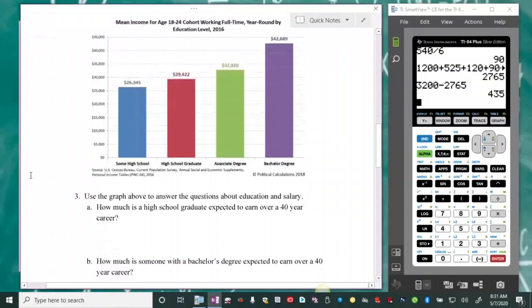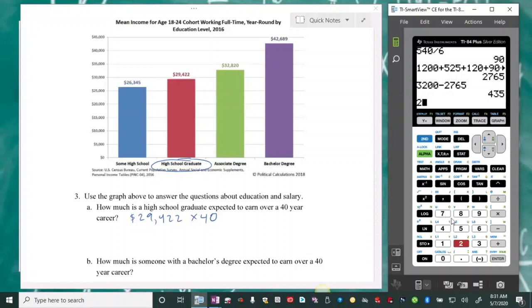$42,689. So, three-part A. How much is a high school graduate expected to make over a 40-year career? So the high school graduate is this one right here. So in 1 year, that high school grad is going to make $29,422. Over a 40-year career, we're going to take that number and multiply that by 40.